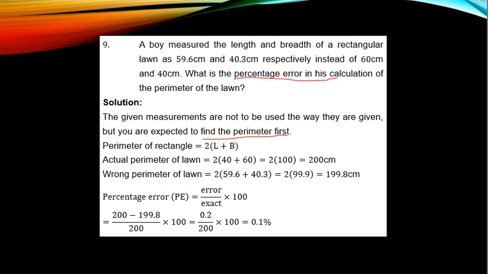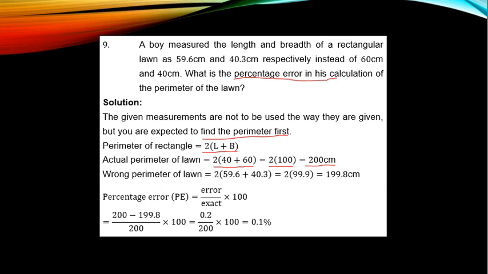So for a rectangle, the perimeter is 2 bracket open length plus breadth. The actual dimensions are 60 against 40. So the actual perimeter of the line is 2 bracket open 40 plus 60, that is 2 into 100, and that is 200.